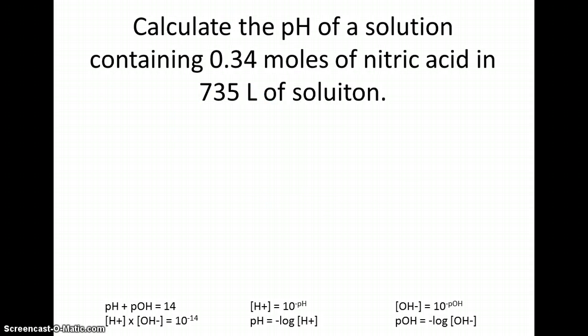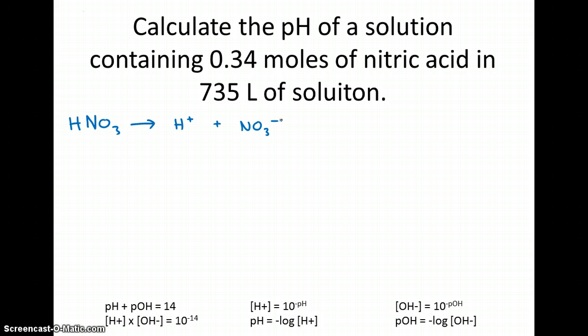The next problem: calculate the pH of a solution containing 0.34 moles of nitric acid in 735 liters of solution. Again, first step, let's write the dissociation equation. There is nitric acid. That will dissociate into H plus ions and nitrate ions.